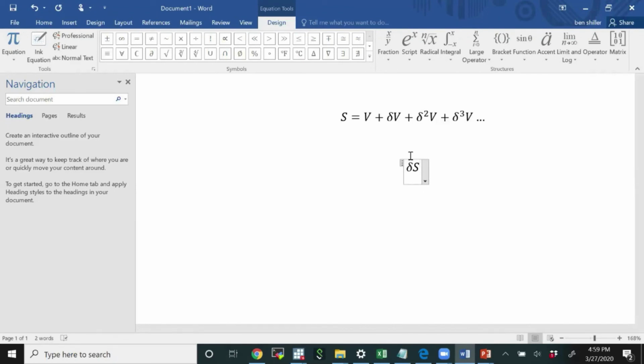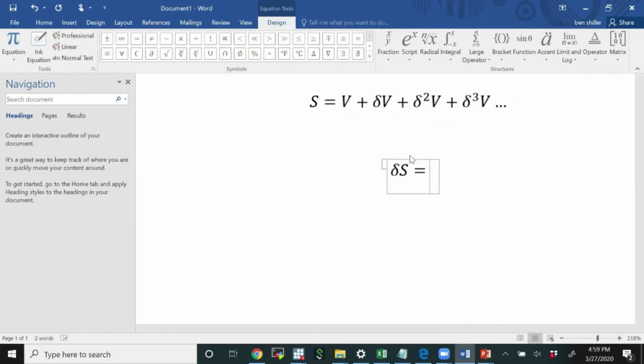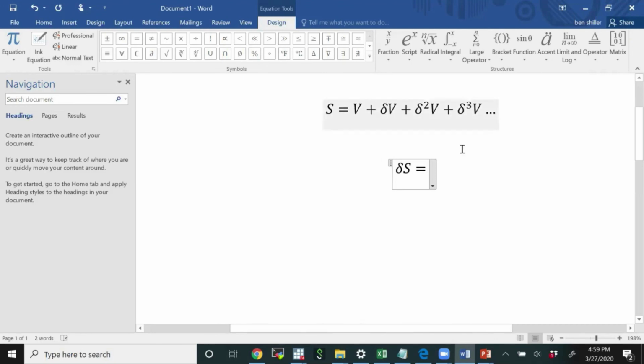Okay. Before I do that, I want to write down what would happen if you were to multiply S by delta. Delta S is simply equal to every term in S multiplied by delta. So the first term in delta S is the first term in S, which is V, multiplied by delta. The second term in delta S is the second term in S times delta.